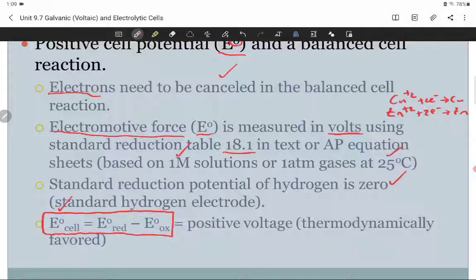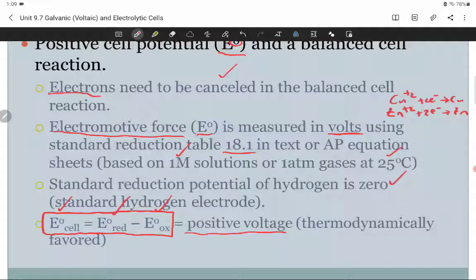We'll often be solving for E cell. That's basically the voltage that we're going to get provided to us by how we combine these items in a galvanic cell. There will be a reduction number and there will be an oxidation number. When you subtract these two numbers, you must get a positive answer.